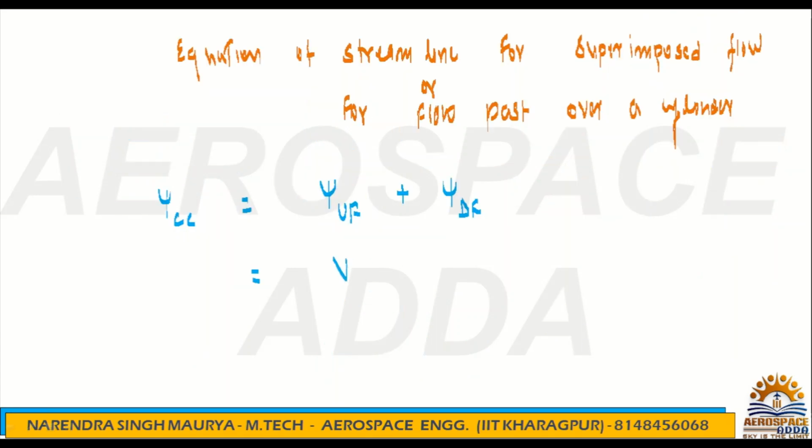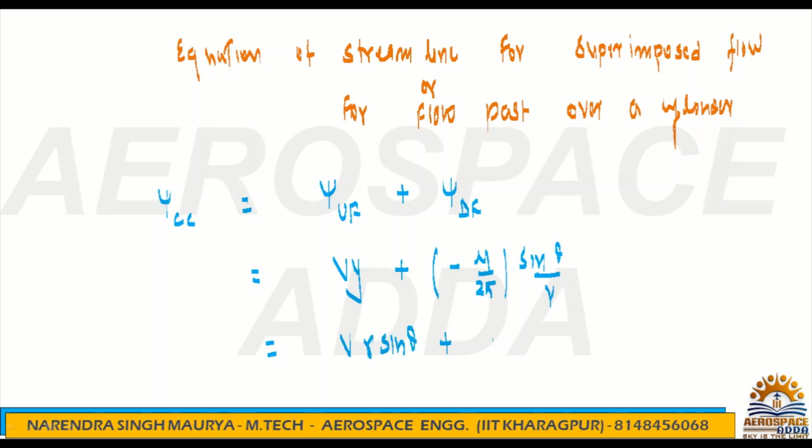So this is nothing but y minus mu upon 2 pi sine theta by r. Now just convert into polar form. Y will be r sine theta minus mu upon 2 pi sine theta by r. This is the equation of the stream function you are getting for the circular cylinder.